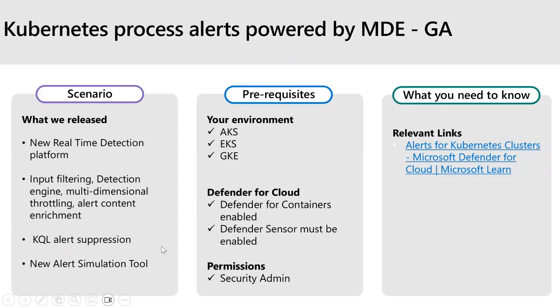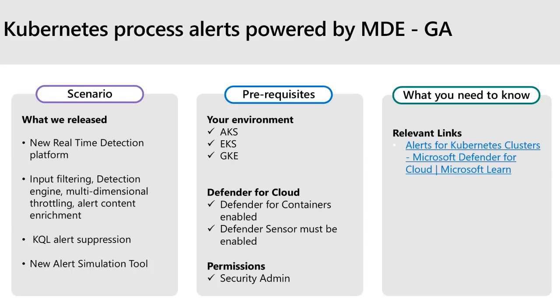So how are these alerts triggered? Defender for Cloud will collect Kubernetes audit logs, monitor the activities of the Kubernetes API server, and provide the control plane threat protection. Similarly, for the data plane threats, Defender for Containers uses the Defender sensor, which sits on each and every node within your cluster to monitor the Kubernetes workload runtime activity, and it can detect suspicious operations, including workload process creation events.